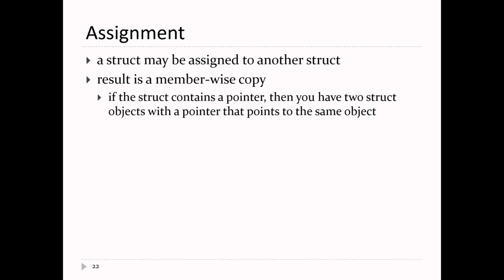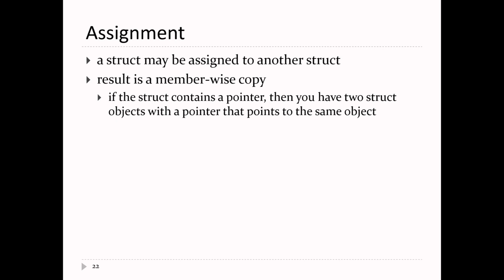Now, on structures, you can assign them to other structure variables, which doesn't work in Java. If you write x equals y in Java, where x and y are both references, that doesn't actually copy y and assign it to x. In C, it actually does do the copy for you.